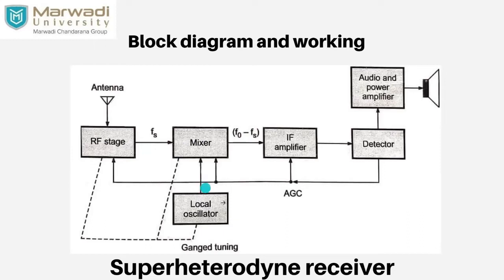The frequency from the local oscillator we can denote as F0. So F0 minus Fs, F0 plus Fs, 2F0, or twice of Fs. These types of frequencies can be passed from the mixer.